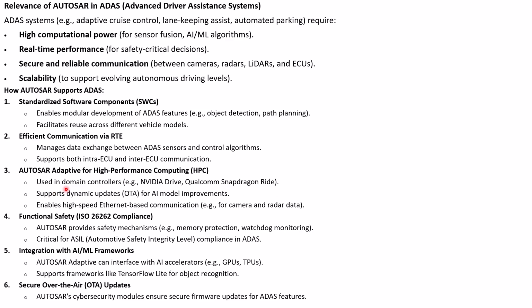This is used in domain controllers, NVIDIA Drive, Qualcomm Snapdragon Drive, and it also supports dynamic updates, OTA, for AI ML improvements. It enables high-speed Ethernet based communication, for example for camera and radar data. As you know, camera streaming demands a very high level of bandwidth in ADAS.